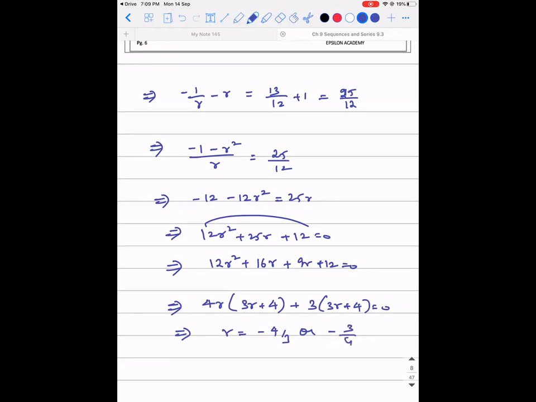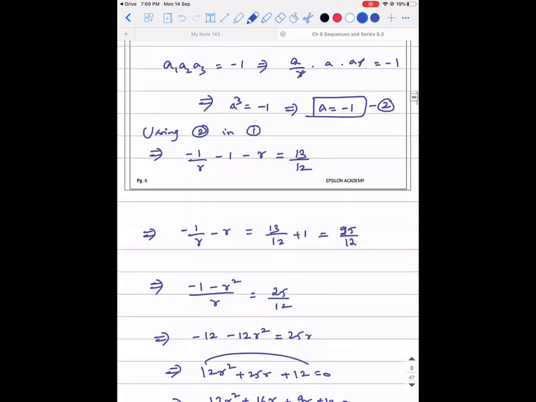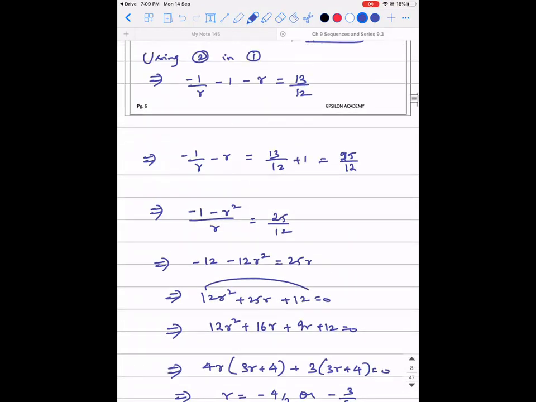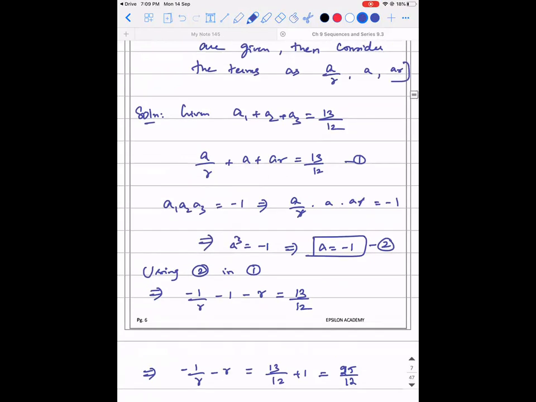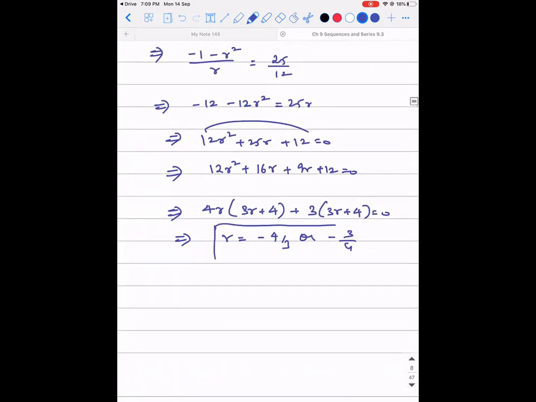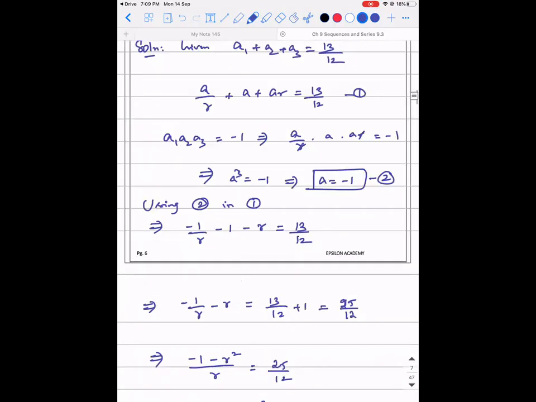So which one should be chosen? Substitute and see. Yes, you have to substitute and tell me which one is coming right. But you have to find A, no?